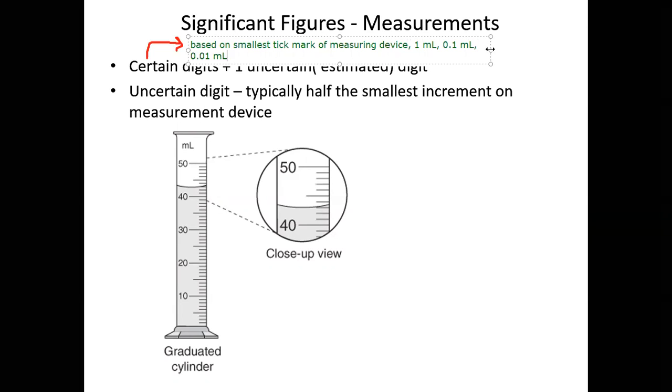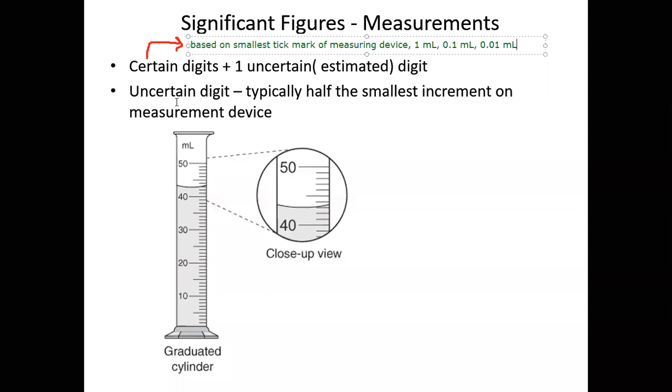These are the most common ones, but we do run into some glassware that have, instead of 0.1, it may be 0.2 milliliters, and there it becomes a little bit more ambiguous as to how to determine the estimated digit. But we're going to stick with those glassware that have a clean, power of 10, smallest tick mark, like 1 milliliter, 0.1 milliliter, or 0.01 milliliter.